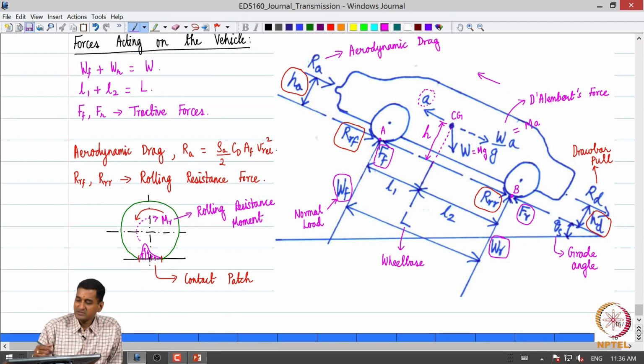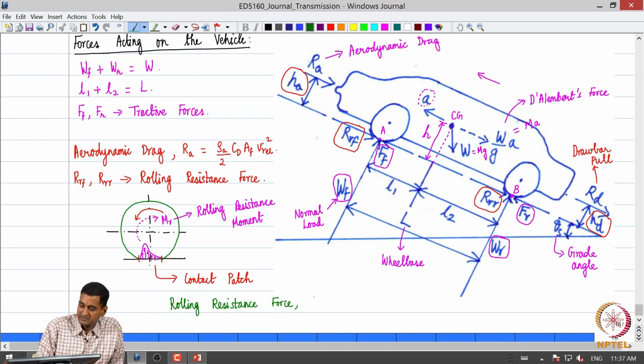When we want to analyze the translational motion of the vehicle, we introduce an equivalent force which is called a rolling resistance force, okay, which is denoted by R subscript R. Okay.